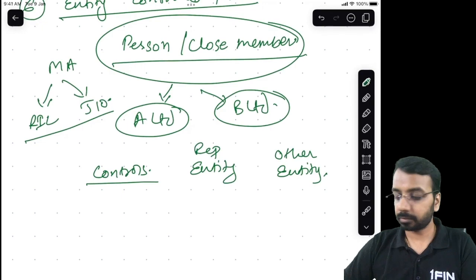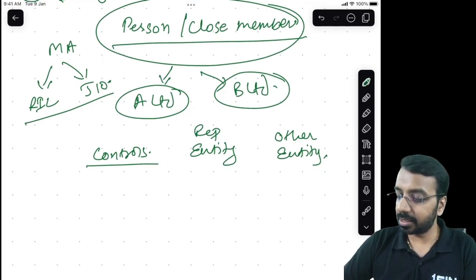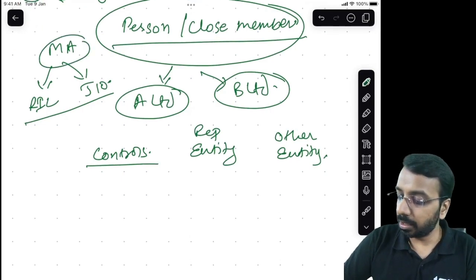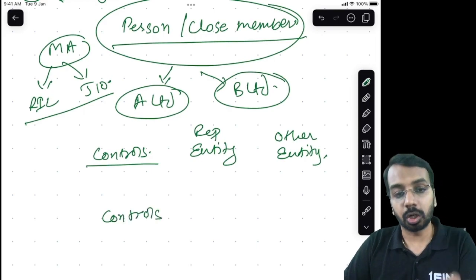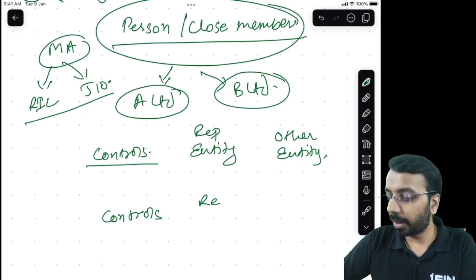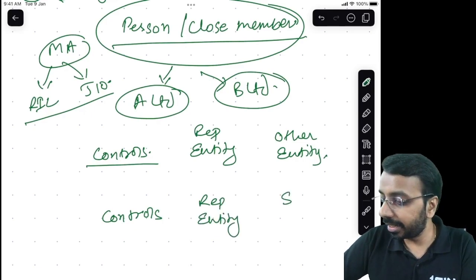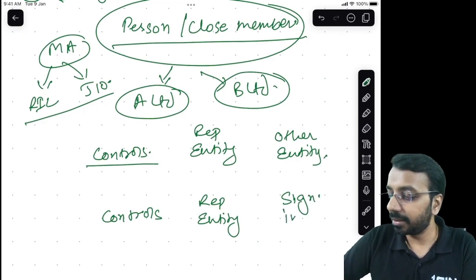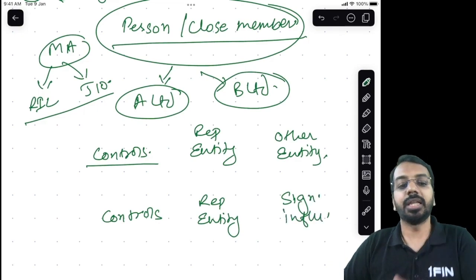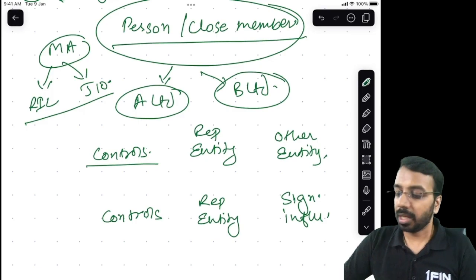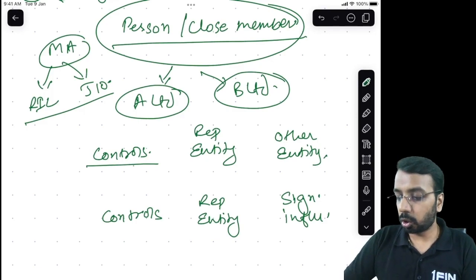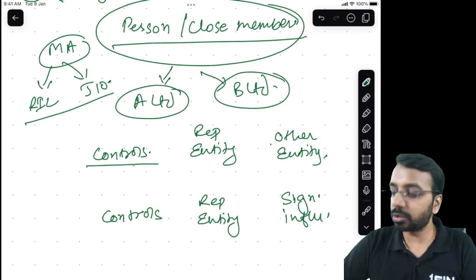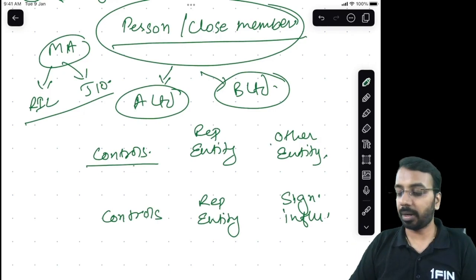Then the second category is where the person controls the reporting entity, and in the other entity he has significant influence. Then also it is a related party relationship. Now, if Mukesh Ambani controls the reporting entity and also controls the other entity, there is a related party relationship.